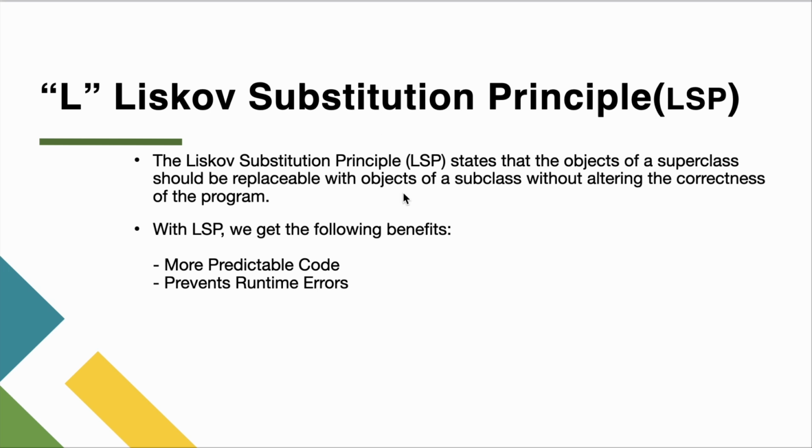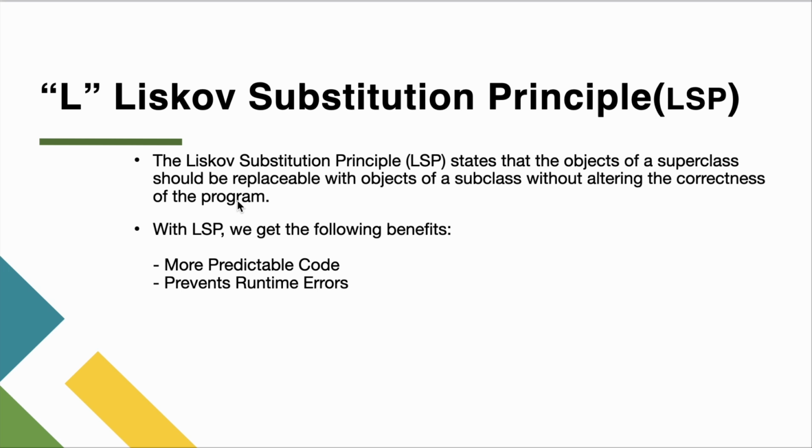The definition says that the objects of a superclass should be replaceable with objects of a subclass without altering the correctness of the program, which means that if you create a parent class, let's say, and then you create a child class, and in the child class you extend the parent class, like for example we extend the activity class in our own custom classes, so we are basically overriding the functions of the parent class.